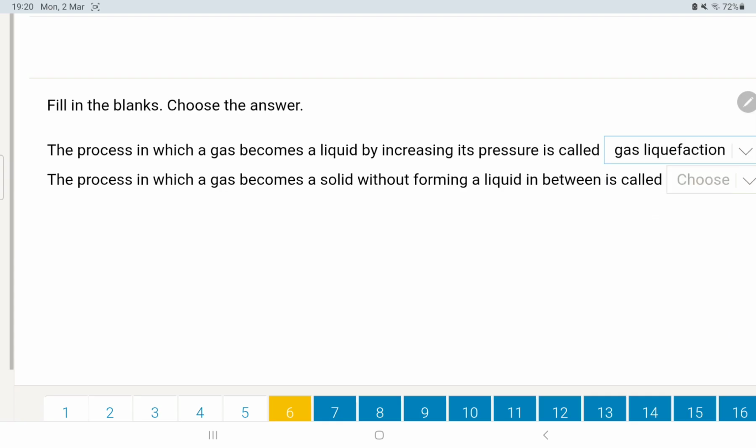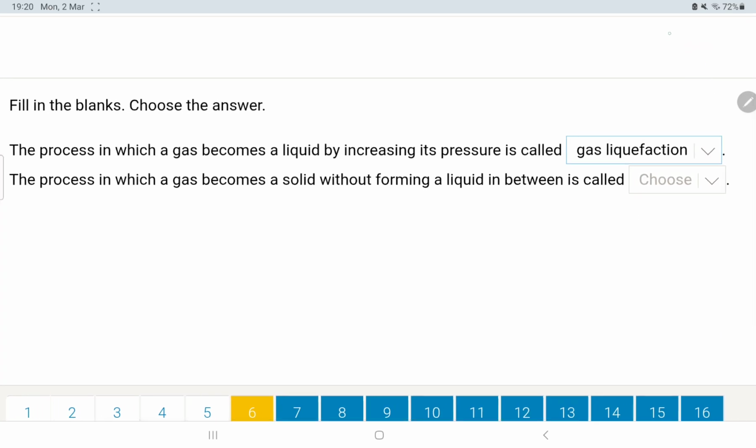Here. Now, here. The process in which a gas becomes a solid without forming a liquid. Now, this is when I'm going to be discussing sublimation and deposition.